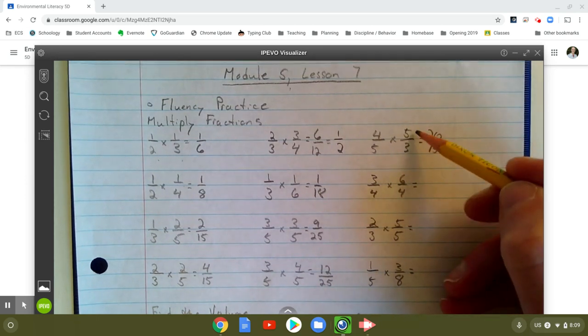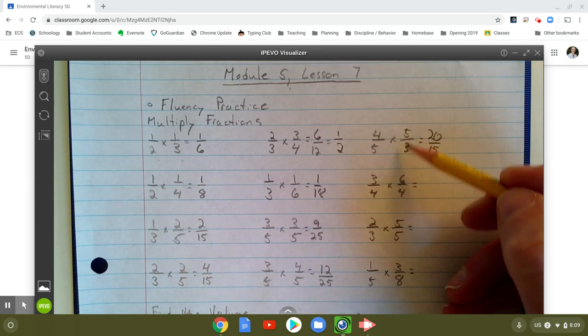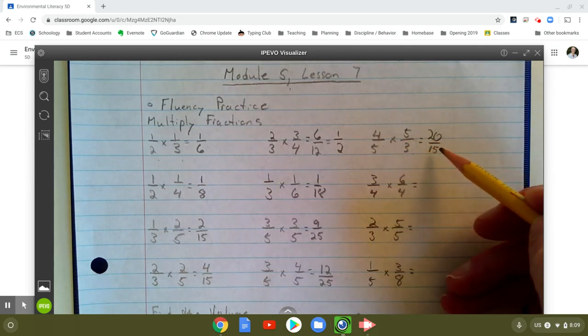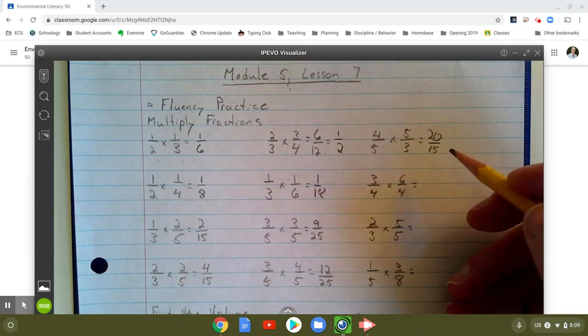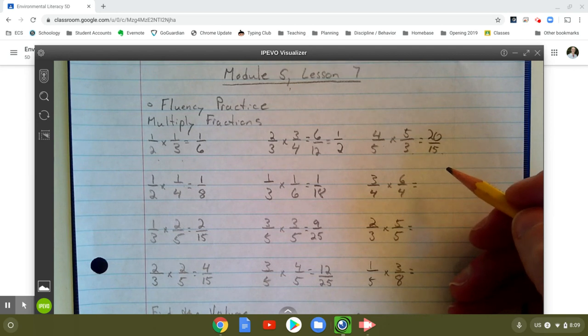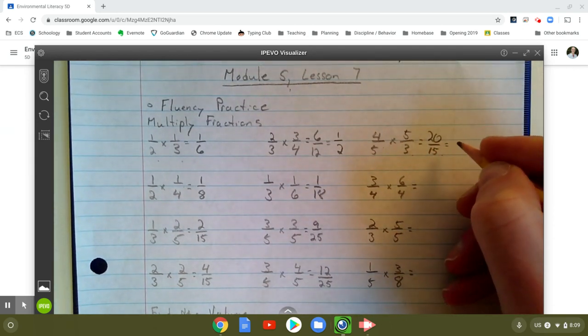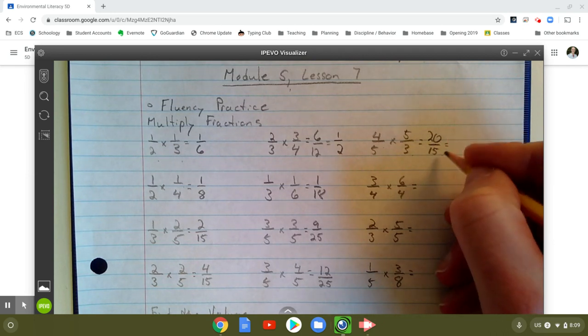20/15. So this is more than one. So if you multiply a fraction times something that's more than one, you get something more than one, right? You get something bigger than what you started with. If you think back to our fraction work from last module, we can definitely simplify this improper fraction. 20/15 is going to be, let's see, 5.